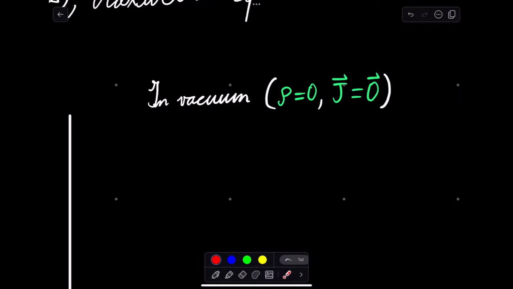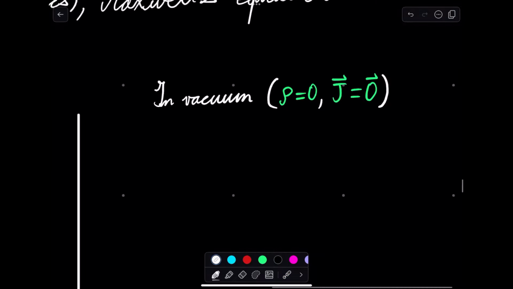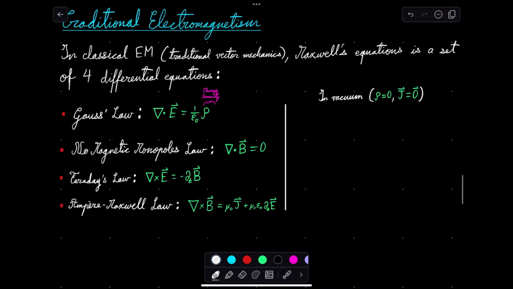Basically, there are no charges and there is no current. So in vacuum, the divergence of E is equal to 0.